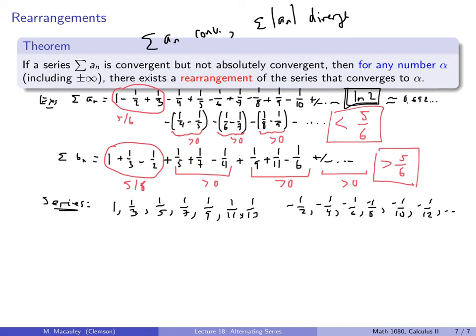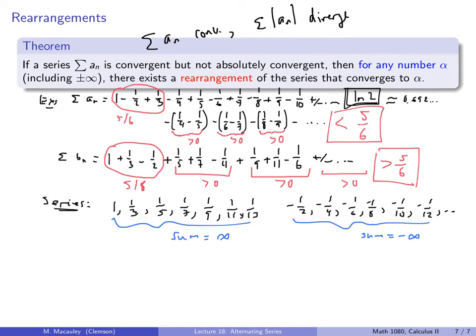If a series is conditionally convergent, in other words, if the sum of absolute values diverges but the series itself converges, then the only way that can happen is if the sum of the positive terms is positive infinity, and the sum of the negative terms is negative infinity. What we can do is take our favorite number. Let's say that our favorite number is pi.